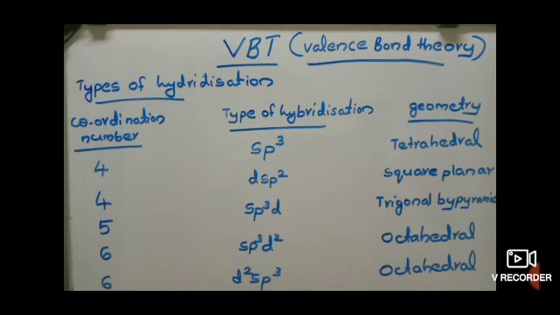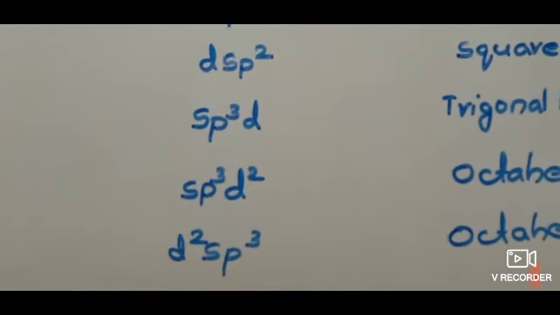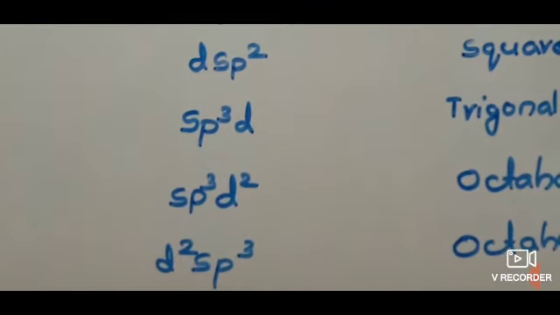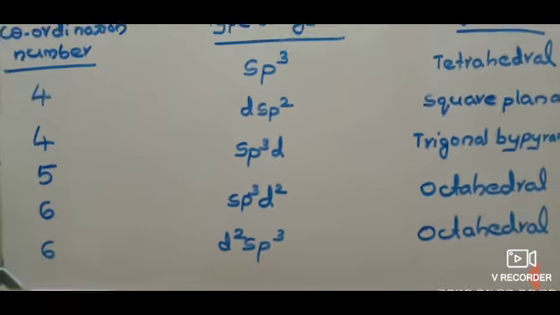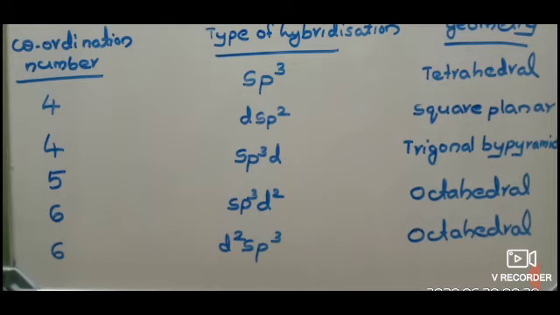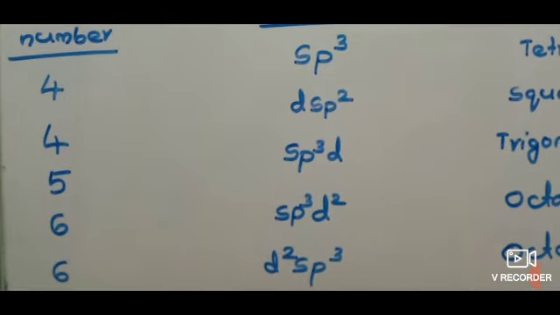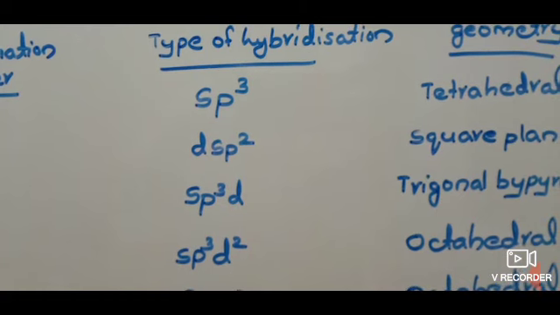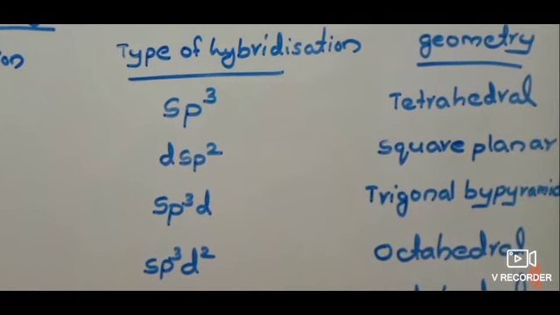Coordination compounds mainly show different hybridizations like sp3, dsp2, sp3d, sp3d2 and d2sp3. We can see them one by one in detail. If the coordination number is 4, it can show two types of hybridization. sp3 hybridization results in a tetrahedral geometry.